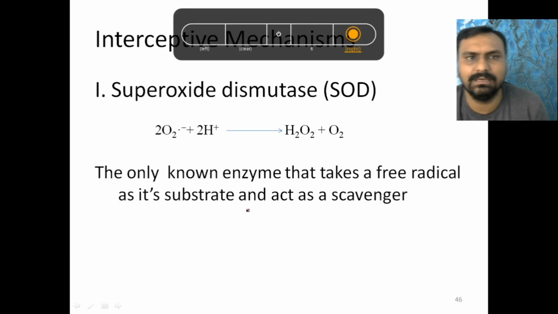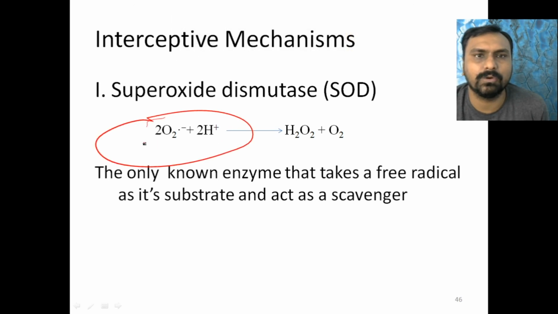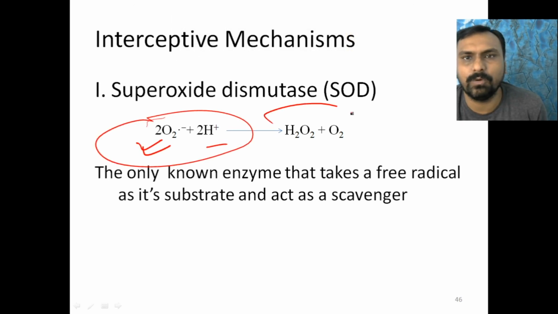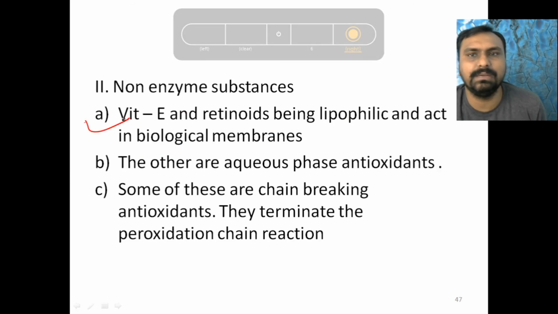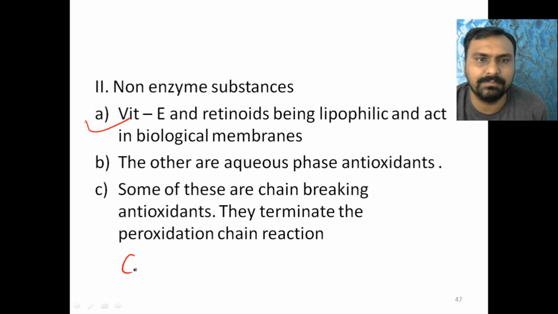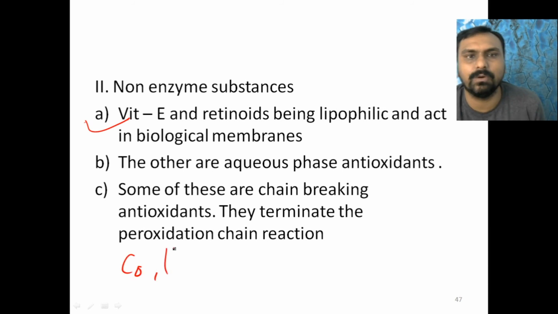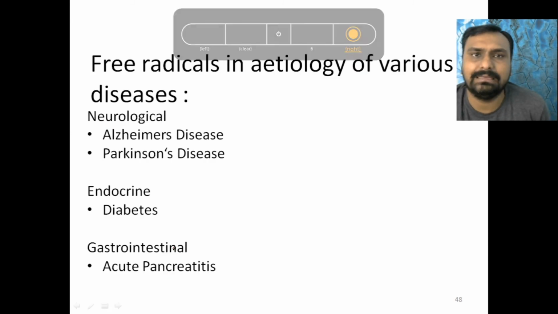We will see in detail in the next lecture also. And superoxide dismutase converts superoxide ion plus 2H to form H2O2, hydrogen peroxide. Vitamin A, vitamin D, vitamin E, and minerals like ceruloplasmin, copper, zinc, selenium all play an important role in antioxidants.